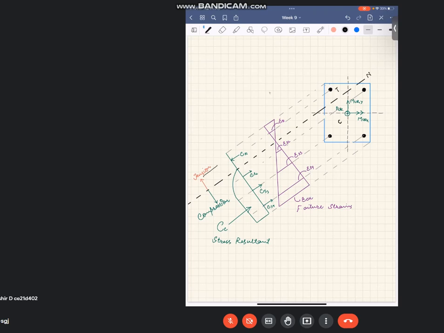Here is the tension side, this is the compression side. We can draw the strain profiles and the stress block diagram the same way we did for beams, where the strain varies linearly across the depth. Es1, Es2, Es3, Es4 are the strains in the rebars, and Cs2, Cs3, Cs4 are the compression taken by the rebars, and Cs1 is the tension taken by the rebar.